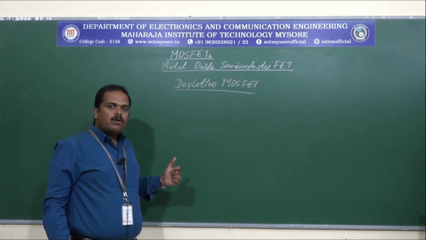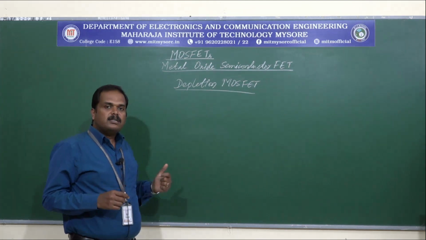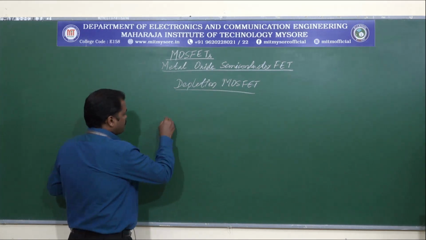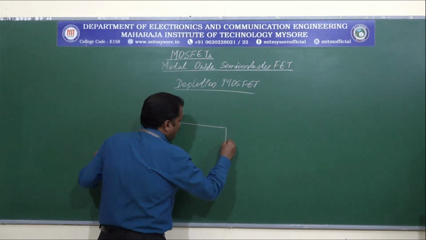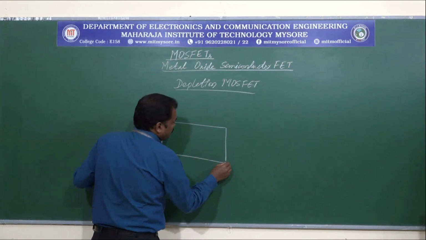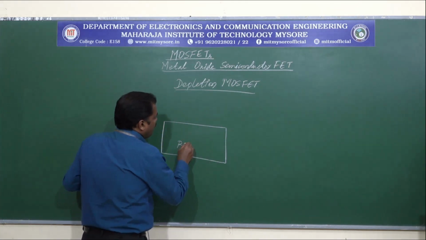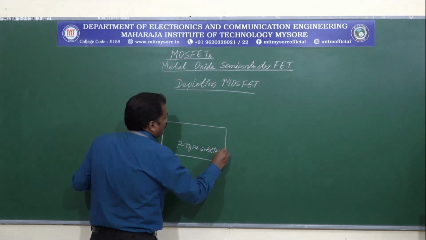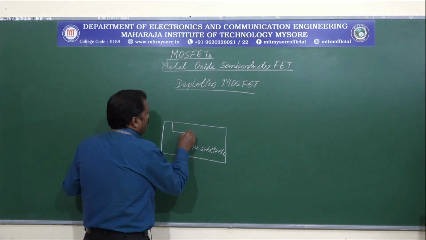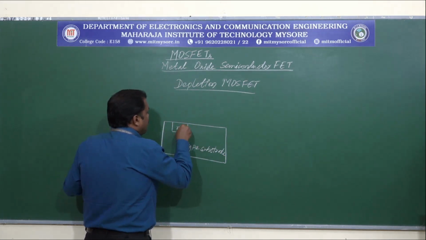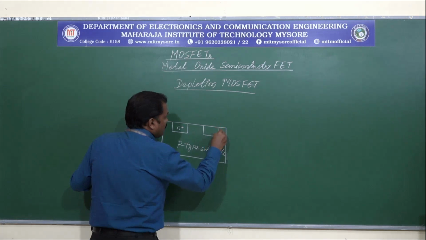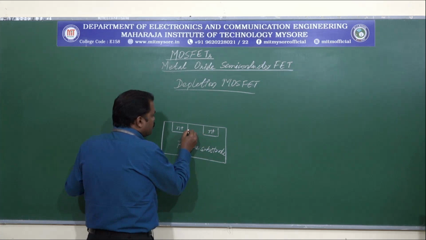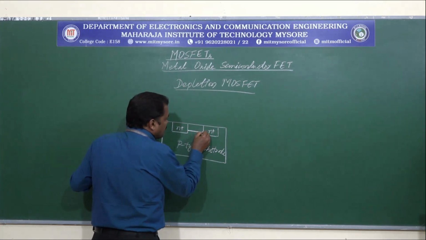So the construction of the depletion mode transistor looks like this. Even here we will consider the P-type substrate first. I am drawing the N-type depletion mode transistor now. So we will start with the P-type substrate, and here we will diffuse two N plus regions, and in between these two regions we will be having channel region.